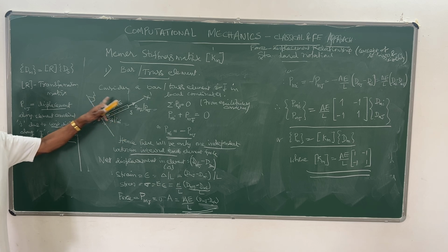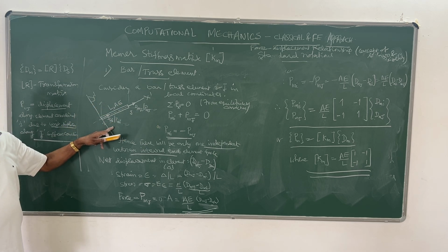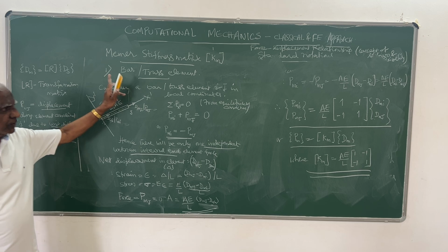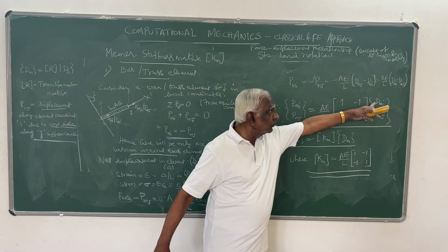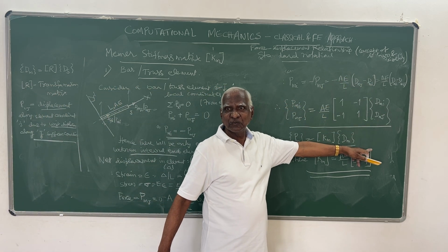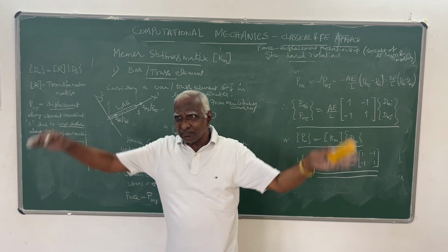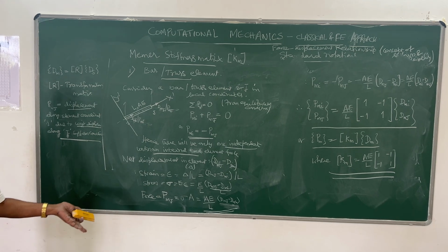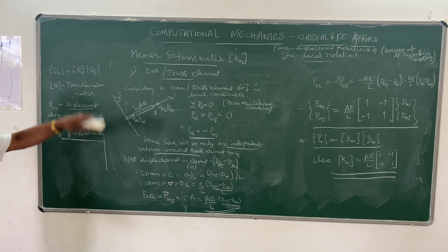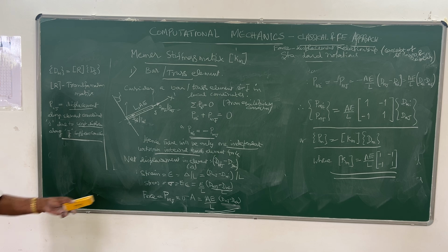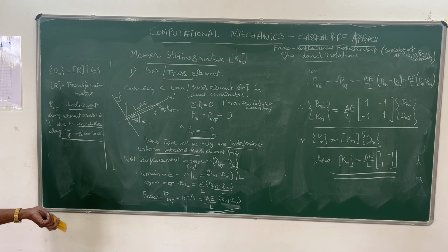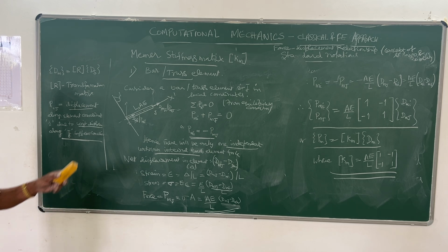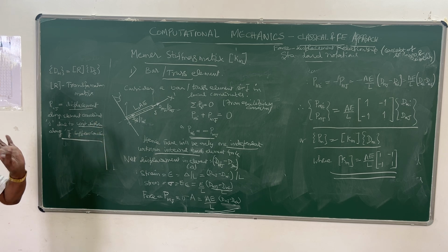Then you have U1, V1, U2, V2 as the displacement. So for a plane truss element in global coordinates, you can develop this stiffness through transformation matrix. So straight away from member to global, by principle of contragredience, that I will explain in the next class, then local to global, we can just derive.